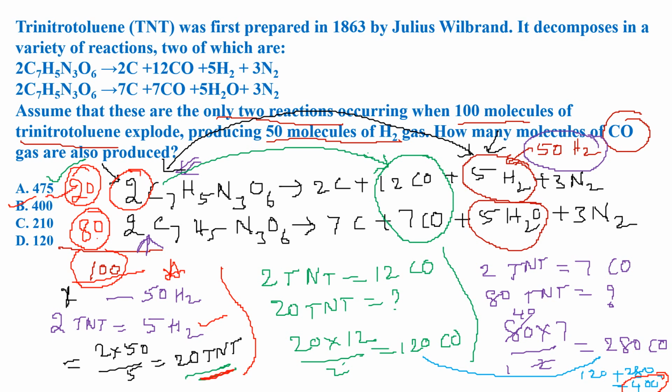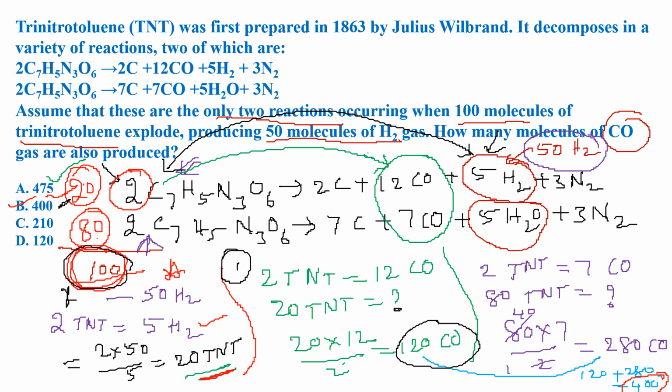The total is 100, so 100 minus 20 you will get 80. Based on chemical reaction number 1, 2 molecules of TNT produce 12 molecules of CO. Then 20 TNT gives how much? You will get 120.